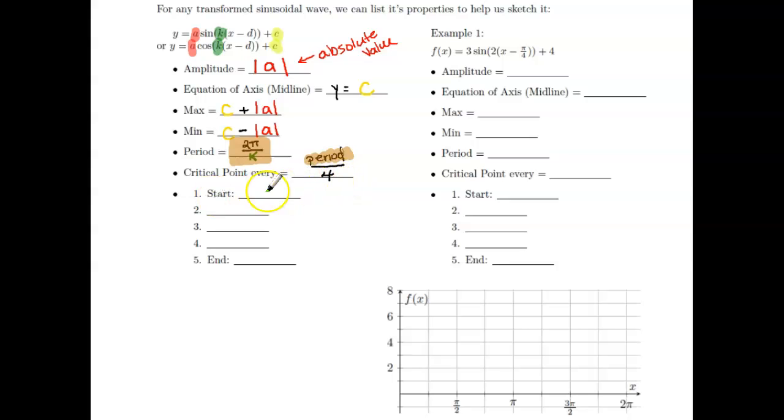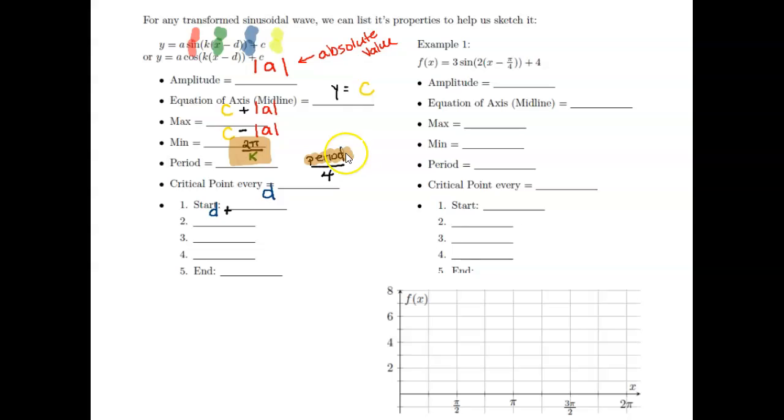Okay, but where are we going to start? Well, we've got one last value that we haven't used in our equation up here, and that is our value of D. We are actually going to start at that very value of D. That will be my first critical point. That means my next critical point, my second one, will be this length over from this value of D. It's going to be D plus this value here.